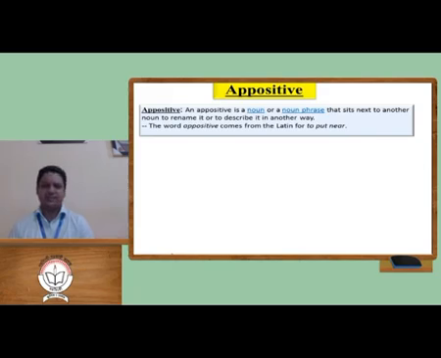The word appositive comes from the Latin language. It means to put near. Let us see examples of appositive.